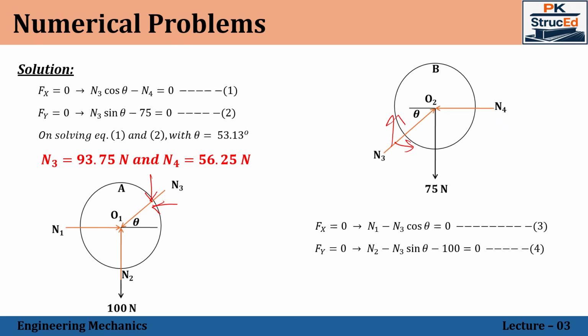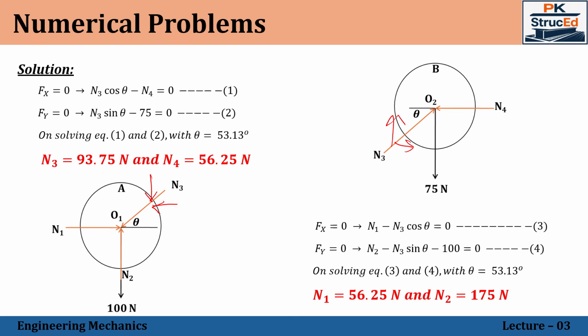And the weight is acting vertically downward, so minus 100, equal to 0. Let it be equation number 4. Now again you can see we have two simultaneous equations with two unknowns, N1 and N2, since N3 has already been found, 93.75. Substituting those values, we get N1 and N2 as 56.25 Newton and 175 Newton.